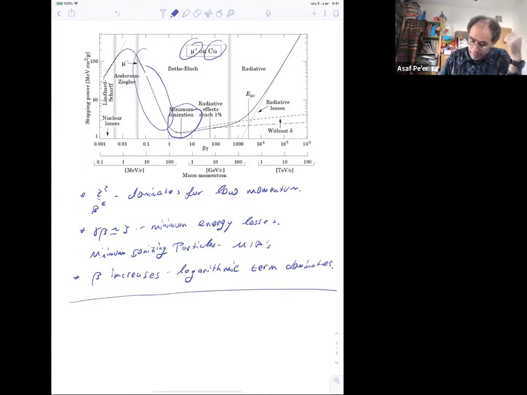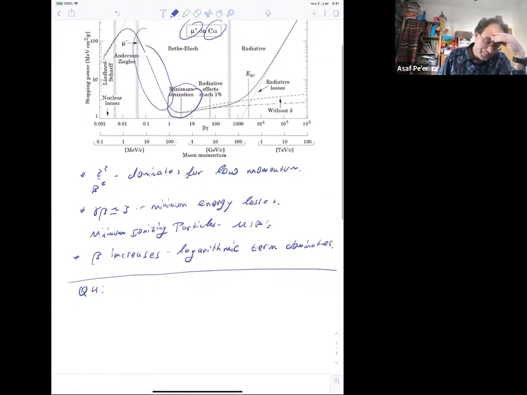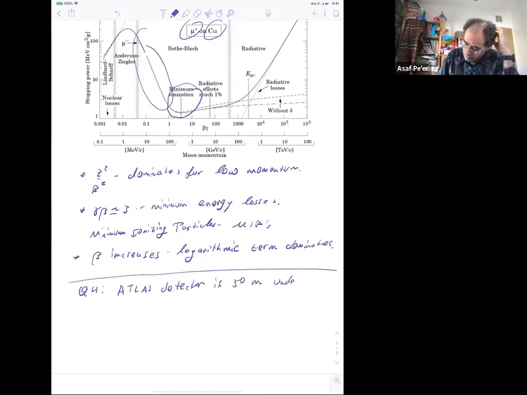So again, let me give you one example for a question. The rest you'll do at home. So let's look at ATLAS. The ATLAS detector is underground. Now, the question is the following.